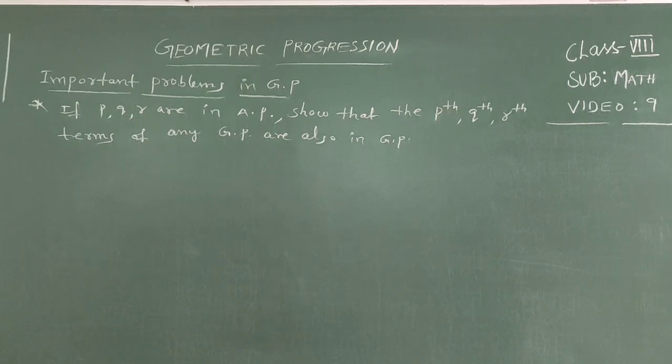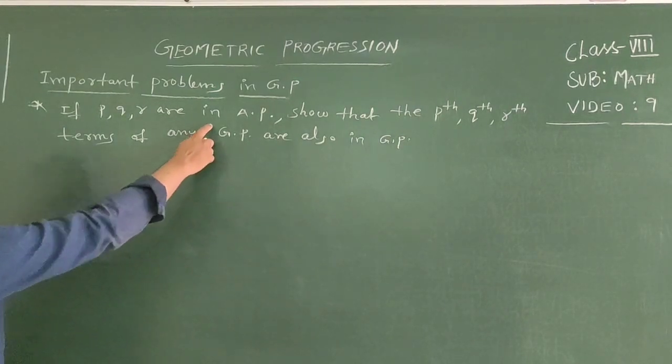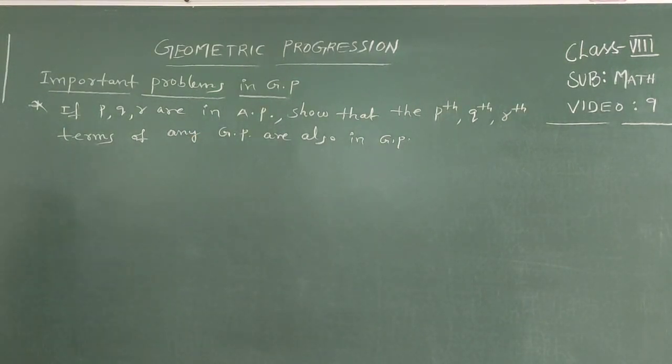Particularly here, if P, Q, R are in AP, show that the Pth term, Qth term and Rth terms of any GP are also in GP.